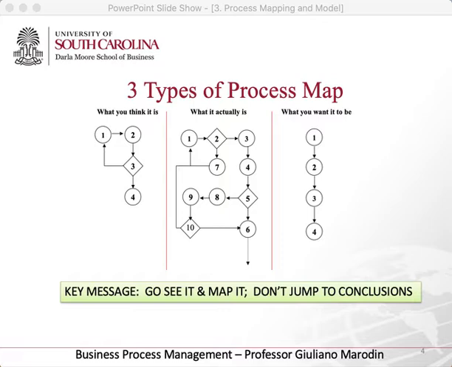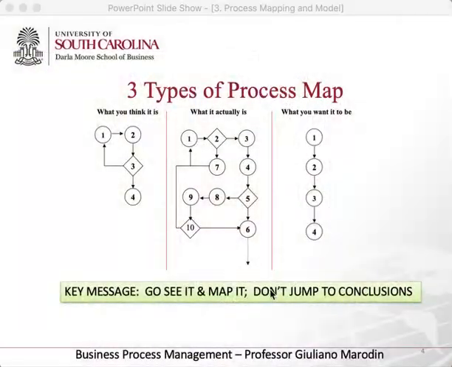Some reality about process mapping. First, on the left, I have what we think it is. We're going to talk to someone like the manager. Usually that's the first thing we do. The project leader says, "Okay, what are the steps?" And he says, "Oh, we do this, this, and that." Pretty simple, and you can draw that.